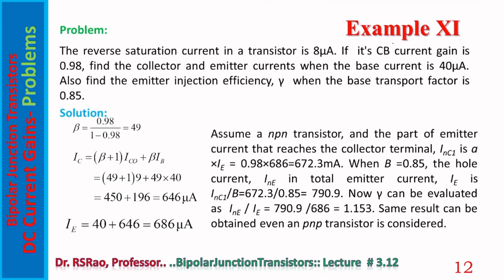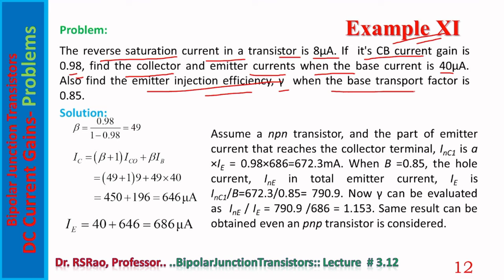Another problem, example. The reverse saturation current in a transistor is 8 microamperes. If its CB current gain is 0.98, find the collector and emitter currents when the base current is 40 microamperes. Also find emitter injection efficiency, gamma, when the base transport factor is 0.85. Solution process.